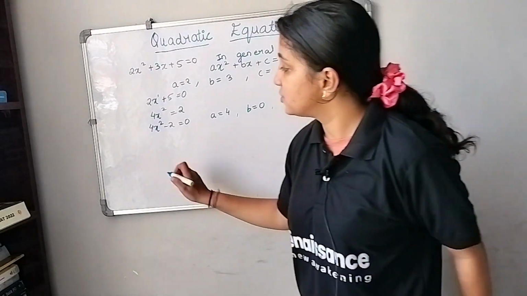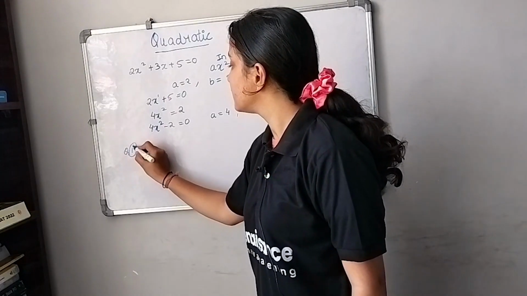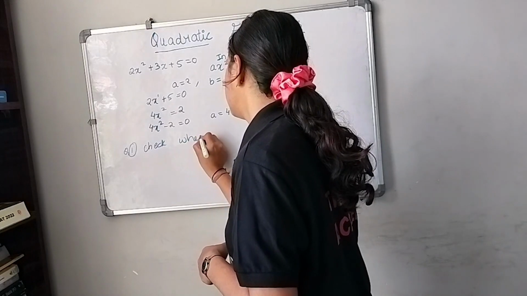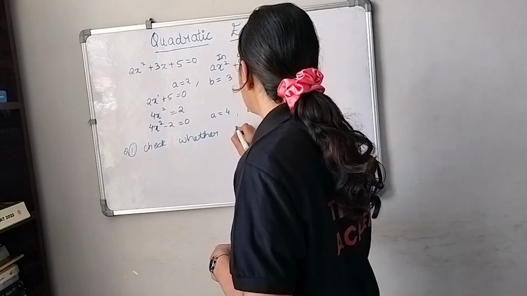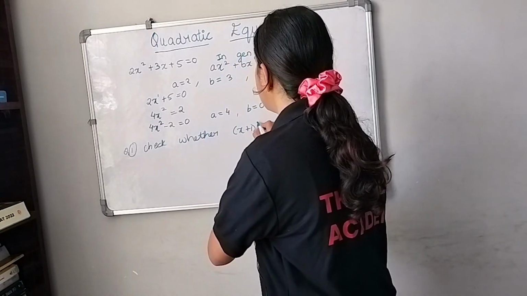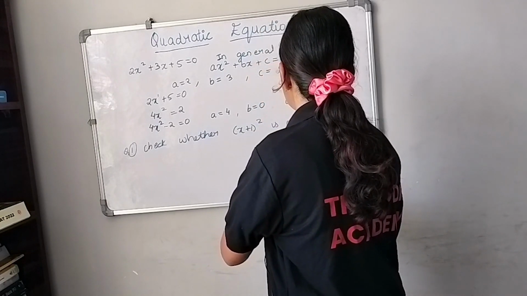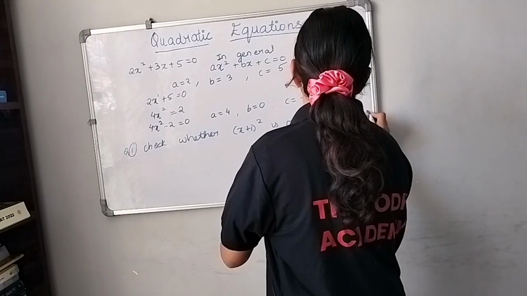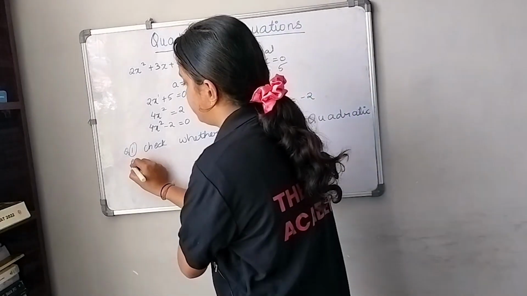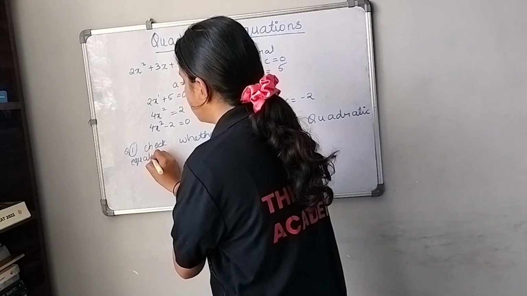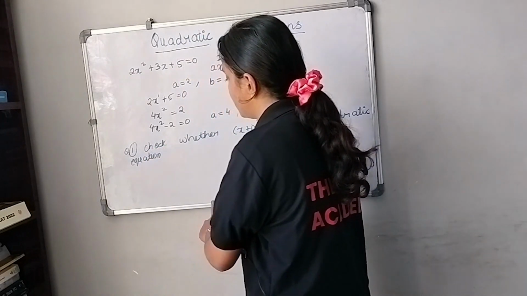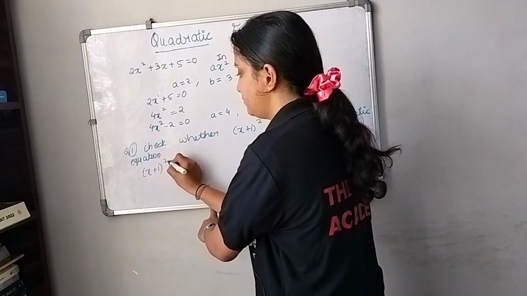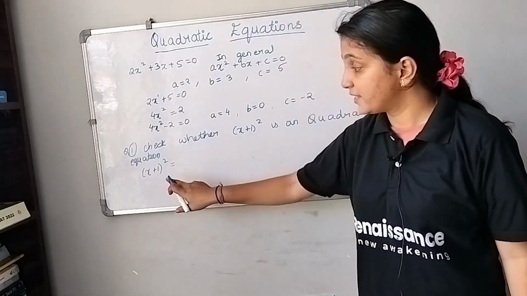Now the question arises: check whether x plus 1 the whole square is a quadratic equation. Okay. First take x plus 1 the whole square. Now how to expand this?